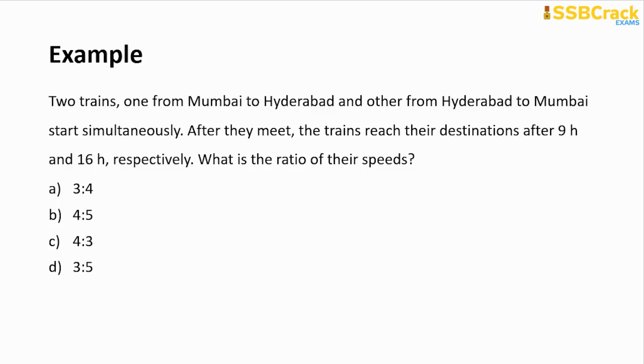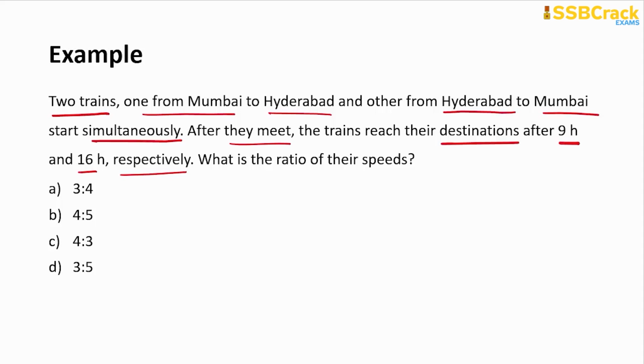So here is the example. Two trains, one from Mumbai to Hyderabad and the other from Hyderabad to Mumbai, start simultaneously, and after they meet, the two trains reach their destinations after 9 hours and 16 hours respectively. So one train is starting from Mumbai, another train is starting from Hyderabad.